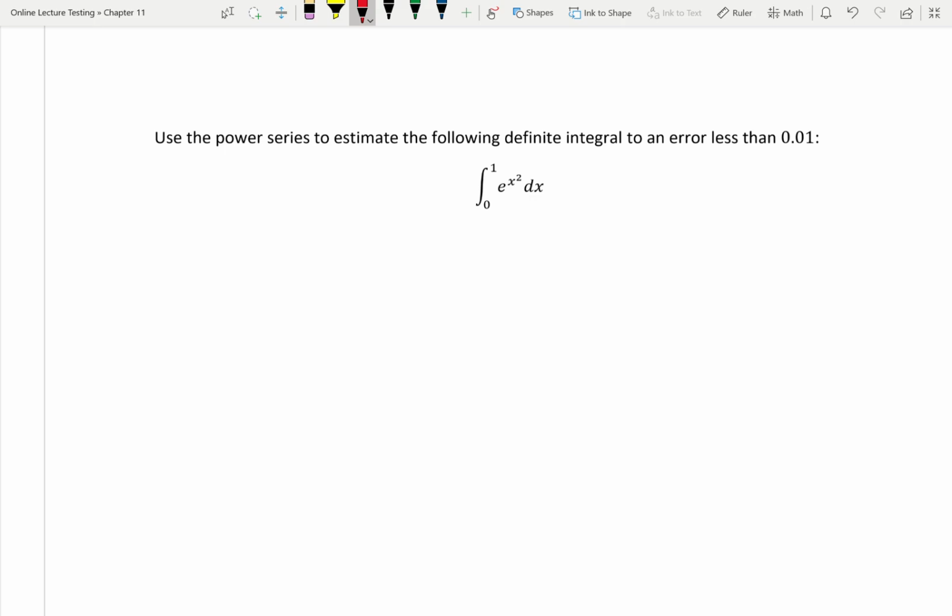All right, so we know e to the x is equal to 1 plus x over 1 factorial plus x squared over 2 factorial plus x cubed over 3 factorial, and so forth.